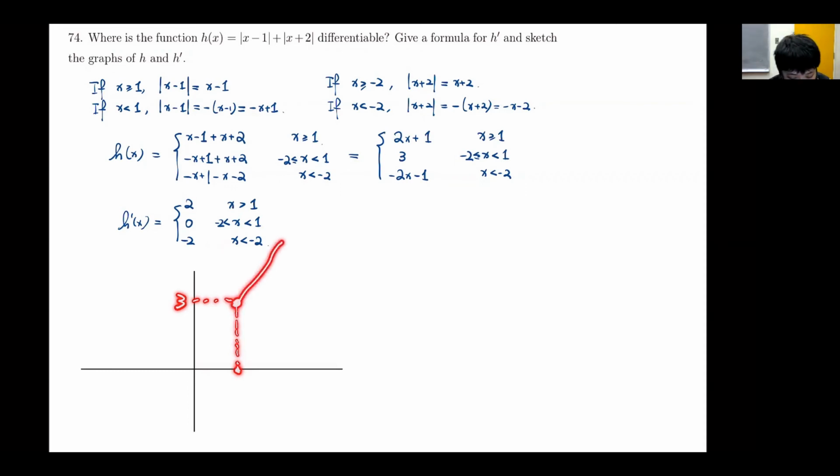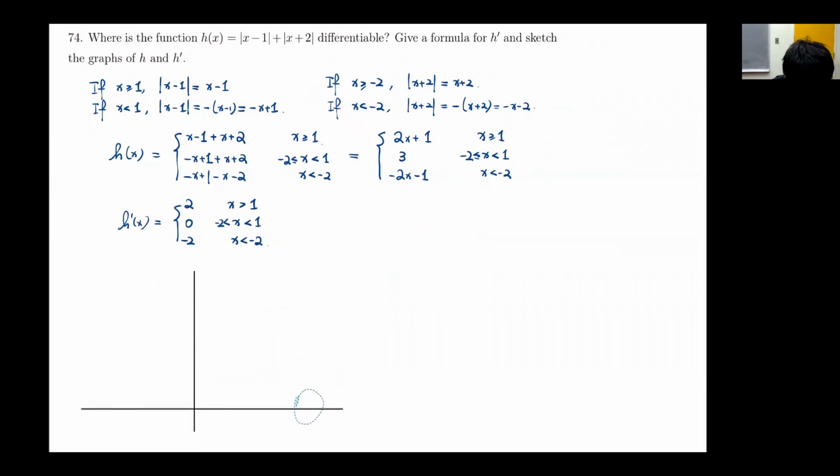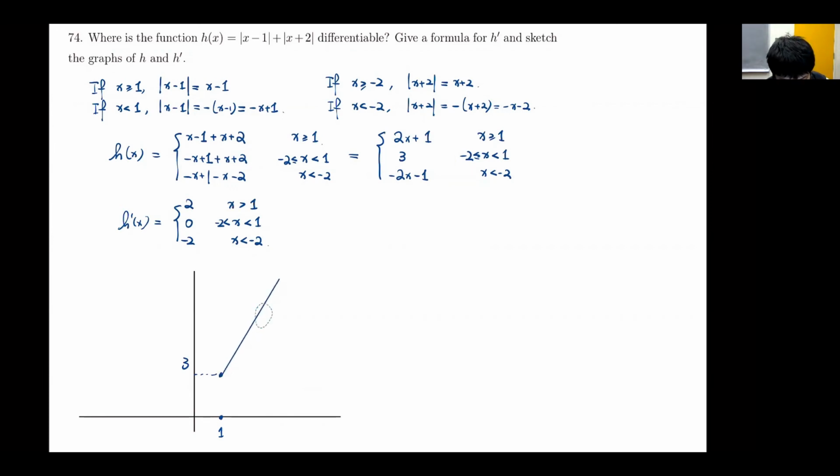This hints that I should probably move my x-axis a little bit downward so that I can draw more to scale. So this is going to be at 1, and this is going to be my 3. Then my function is passing through this point, and the line is going to be of slope 2. All right, so this is the function when x is greater than or equal to 1.